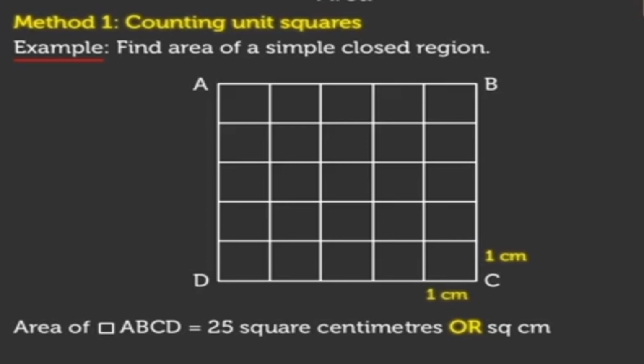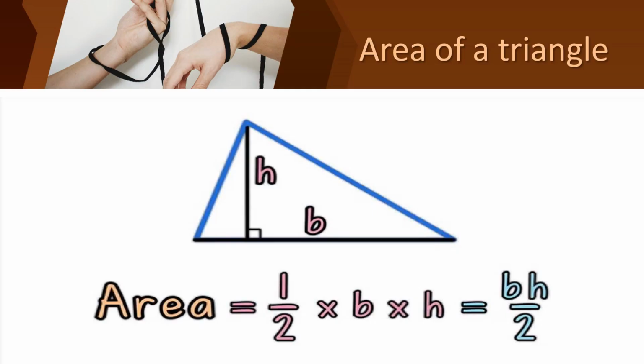But for measuring a football ground, how will you measure? Will you take number of squares and arrange it? Is it possible? No, children. For that, we can use a formula. So the next method is the formula method.